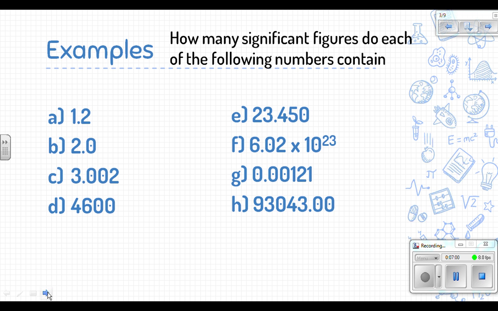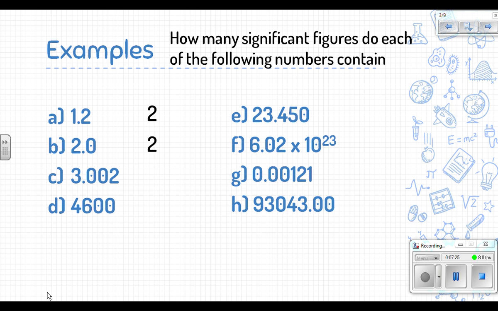All right, hopefully you were given a chance to do that. When we look at these examples, on A, 1.2, they're both non-zero digits, so this would be 2. On B, it's 2.0. That's a trailing 0, and there's a decimal in the number, so that 0 counts, and that's 2. On C, it's 3.002.